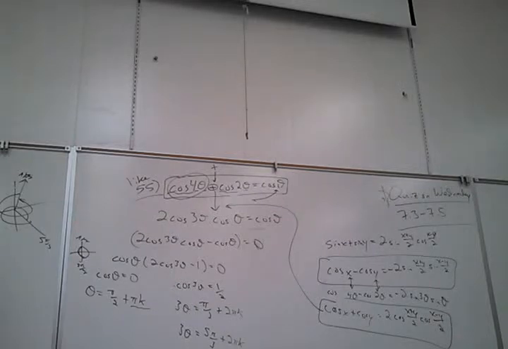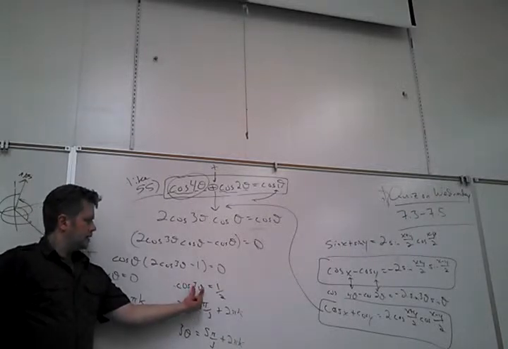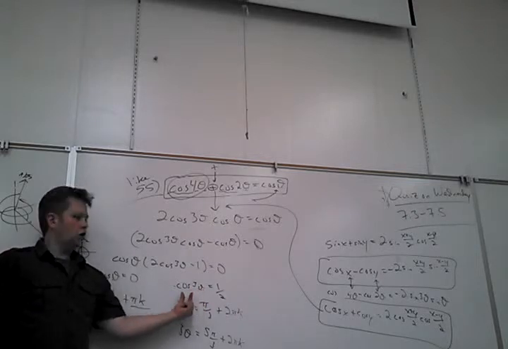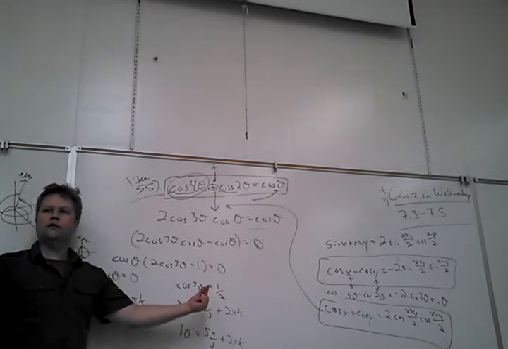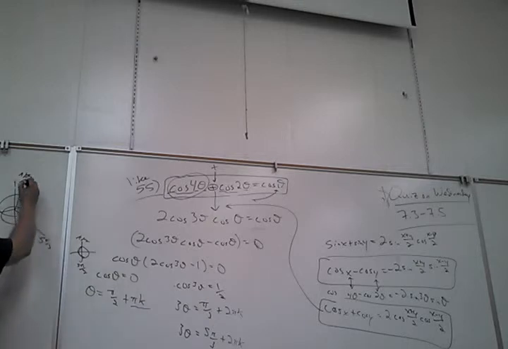How do we get the pi over 3 from cosine 3 theta equals 1/2, and then the next step, 3 theta equals pi over 3? What does this angle have to be to make the cosine of it 1/2? It's got to be the bigger angle, the pi over 3 angle, so that you have a small x piece.